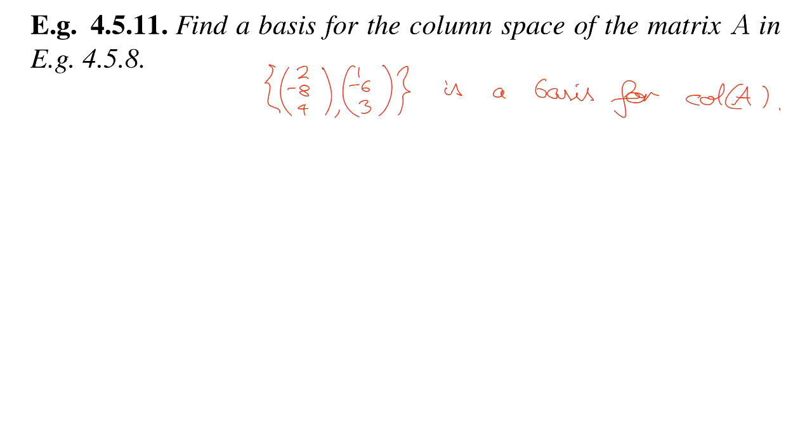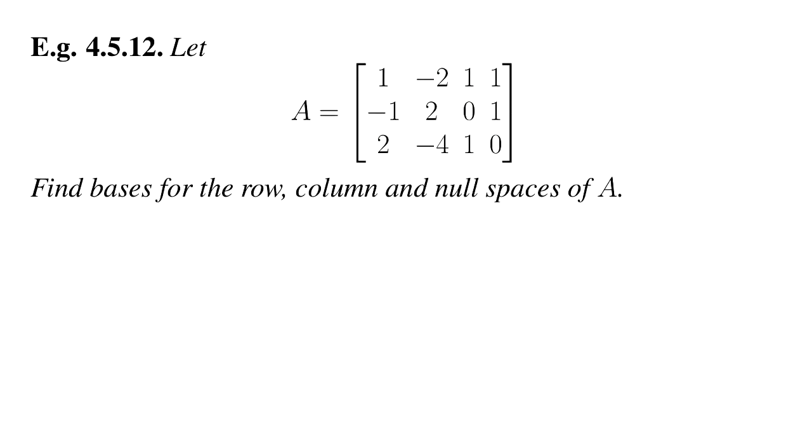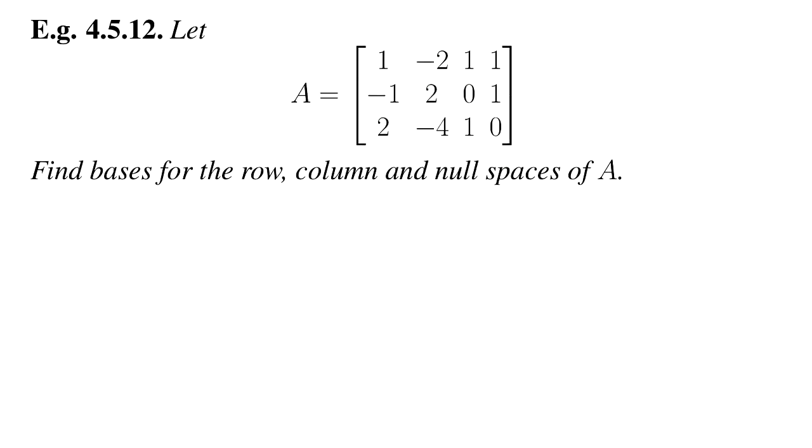All right, let's look at another example, just to drum this in. So let's look at this matrix now. And we want to use the theorem to find bases for the row space, the column space, and the null space. So what do you do? You take it and you put it in echelon form. And pretty much whenever I actually ask one of these on an exam, I just tell you what an echelon form is, because I can't be bothered having to take half marks off for minus signs and stuff like that.